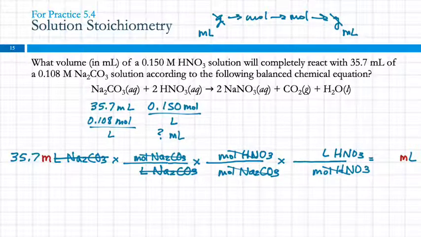Now, it's very tempting, and the really tricky thing is sometimes it works if you use the dilution equation. But what the dilution equation is missing is this mole ratio. It's 1 mole of this to 2 moles of that, and that will be missing in the dilution equation. Well, 1-to-1 is when it would work, if you have a 1-to-1 mole ratio, but I still don't recommend doing that.